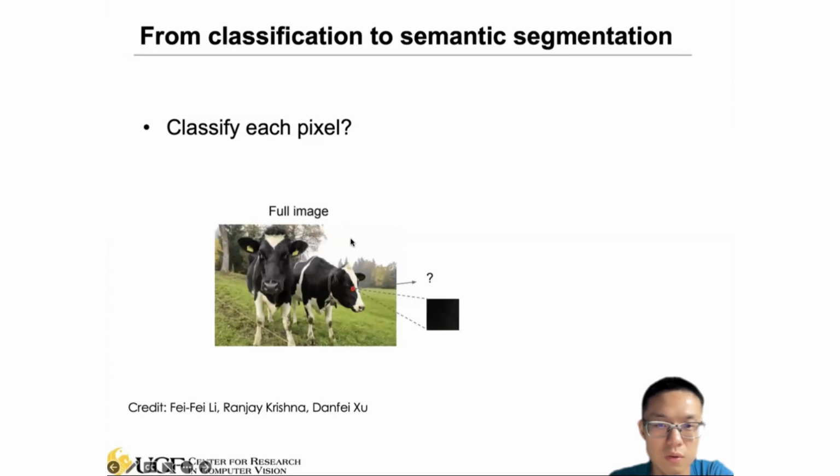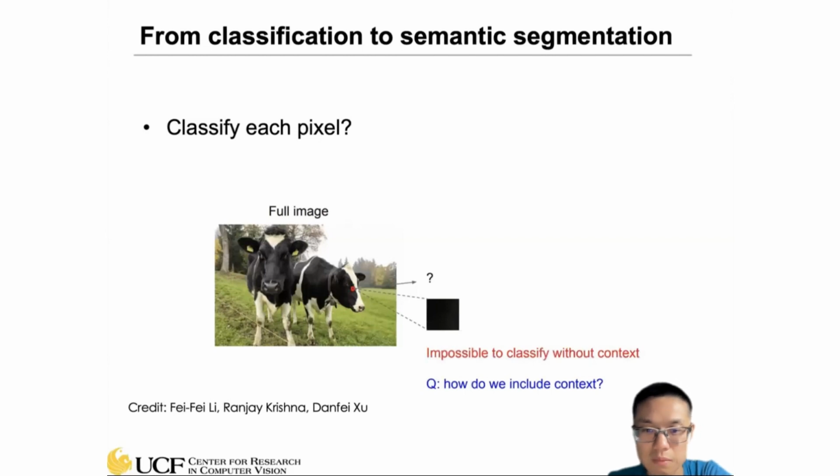So the straightforward approach is to take the pixel as the input unit and apply the usual classification network to generate the corresponding label for that pixel. But in this case you are only considering one pixel, so it's impossible to classify it correctly without any context.